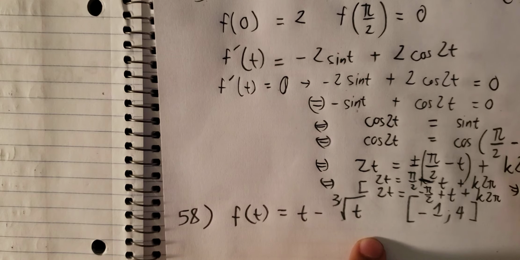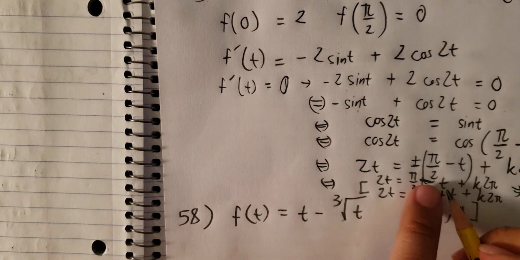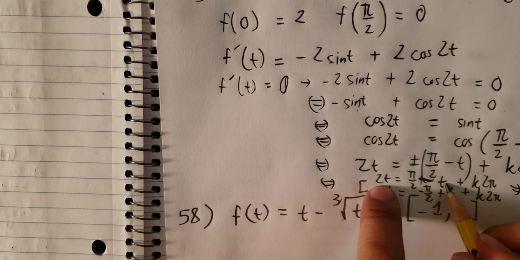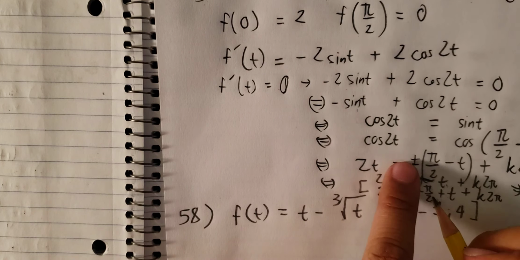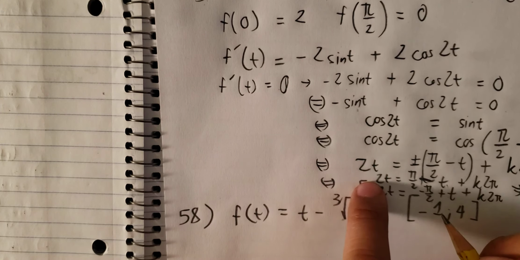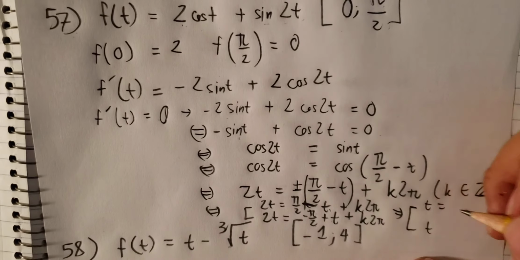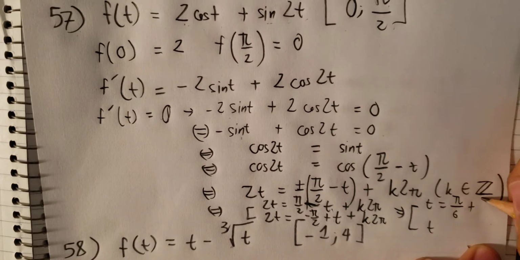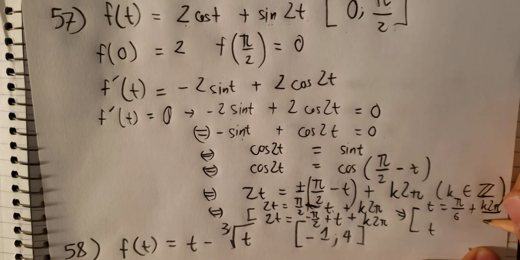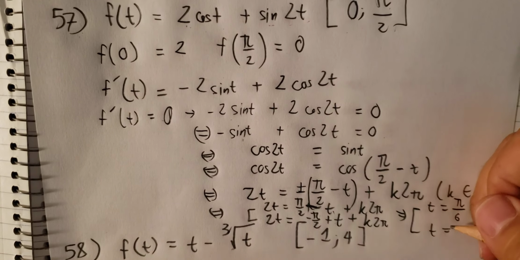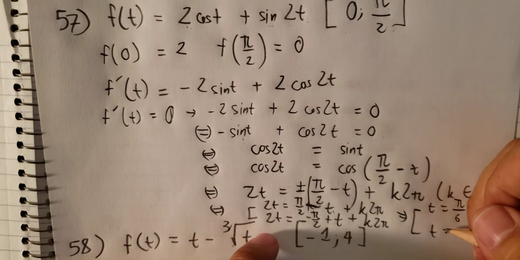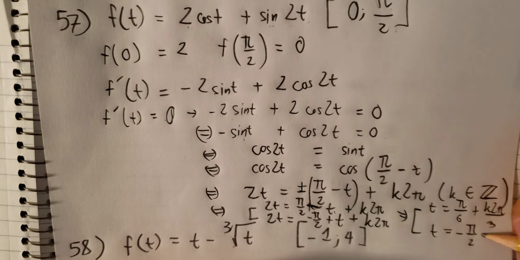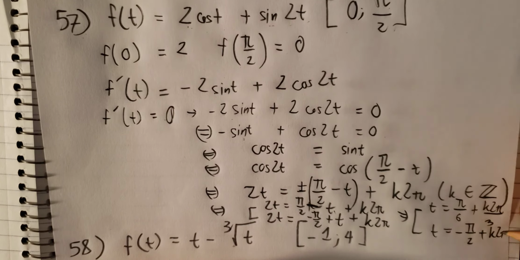So you calculate t. For the first, moving t over, you get 3t equal to pi over 2 plus k 2 pi, so t is pi over 6 plus k 2 pi divided by 3. For the second, you get t equal to minus pi over 2 plus k 2 pi.